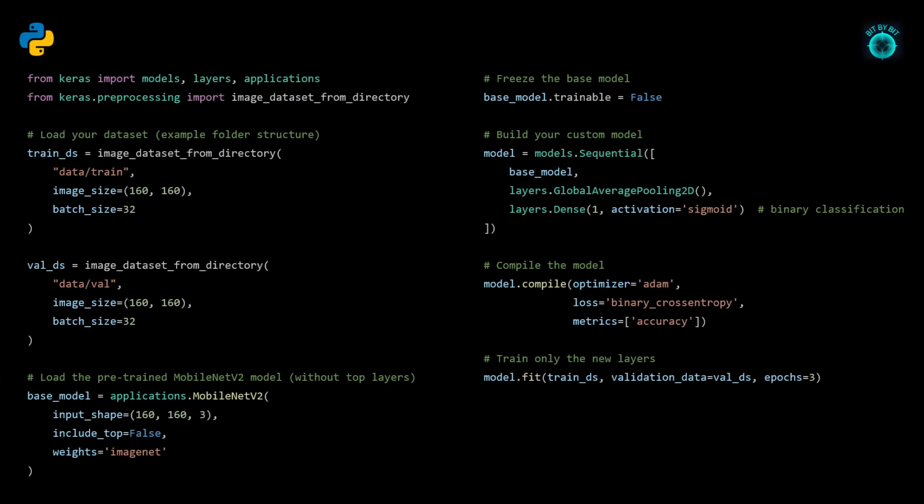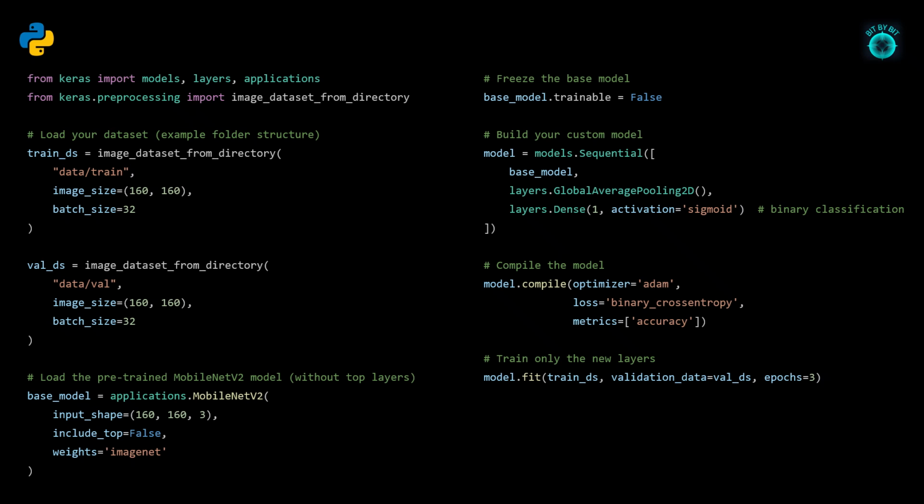Let's now apply transfer learning in practice using MobileNet version 2, a fast and efficient model that was originally trained on the ImageNet dataset. First, we load our own dataset using the image_dataset_from_directory utility in Keras. We prepare both training and validation folders and resize all images to 160 by 160 pixels.